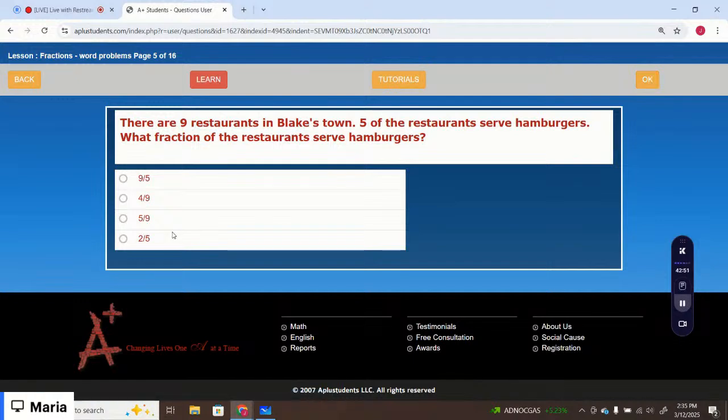That is 5 out of 9. Option number 3 is the correct option. 5 out of 9 it is.